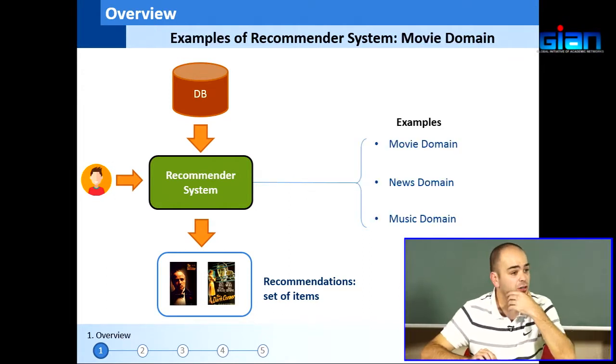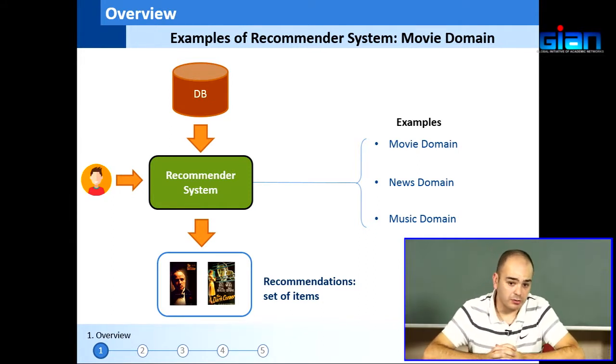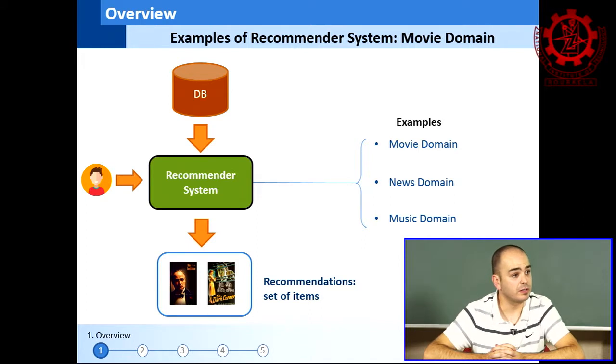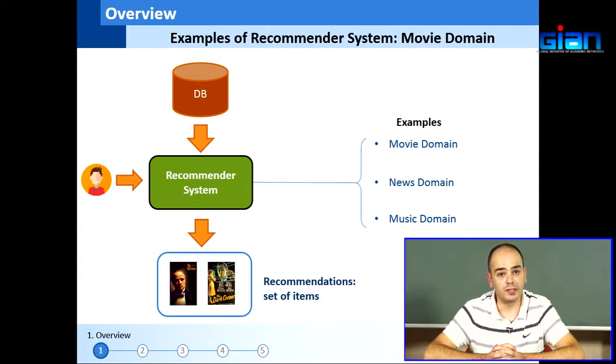Here we have a lot of examples of recommender systems, and I would like you to think about three kinds of them. We will take these samples into consideration when we think about a recommender system. For example, it's very typical to speak about movies in recommender systems.